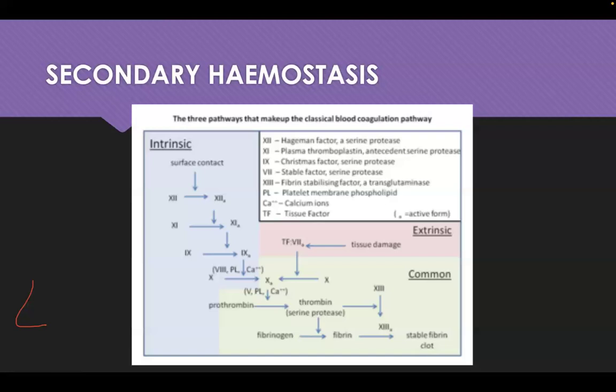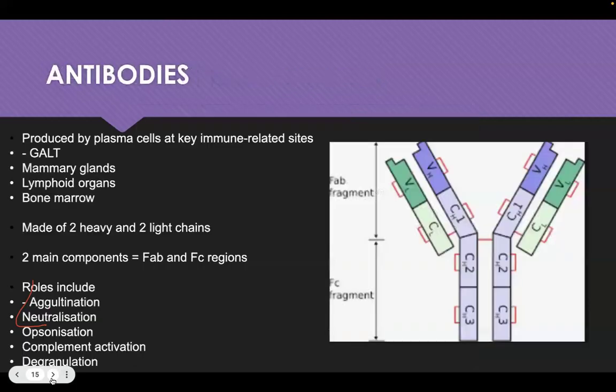And this is regulated by inhibitory factors like alpha 1 antitrypsin to ensure that clotting is controlled. So that is all I'm going to say about hemostasis. Now we're going to move on to antibodies.